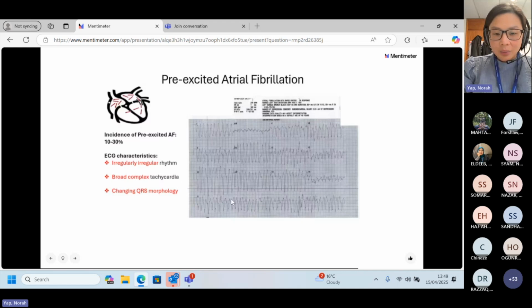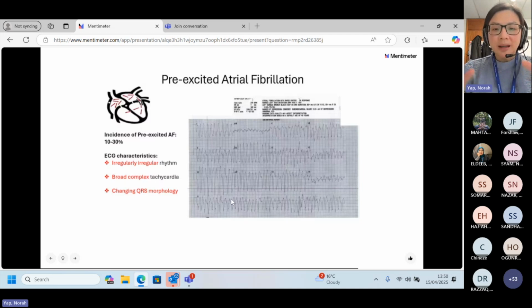And with polymorphic VT, it's often a little bit more chaotic than this. Sometimes you see torsades as well with polymorphic VT, but this doesn't have a torsades characteristic. It's more the irregularity of the rhythm.